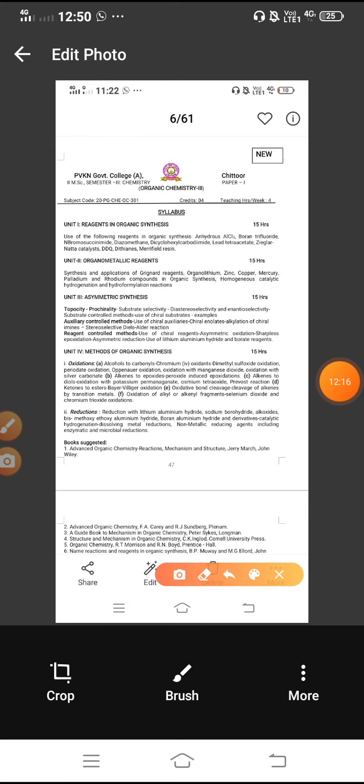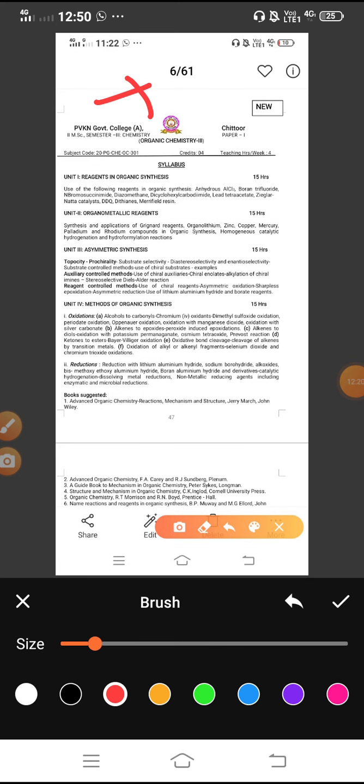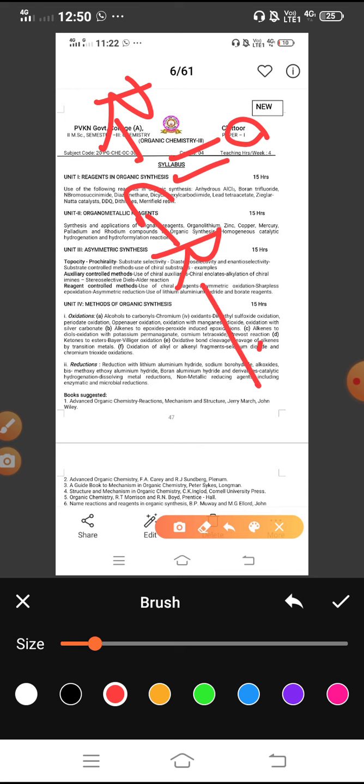Now ketones. Ketones are R-C double bond O-R. Ketones treated with lithium aluminum hydride, LiAlH4, which can be written as LAH.